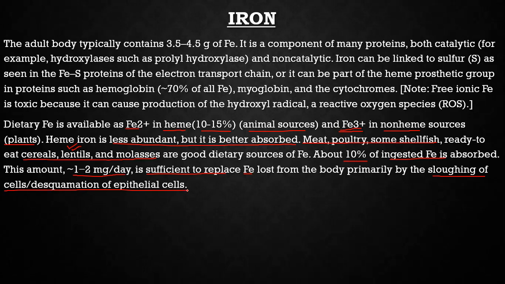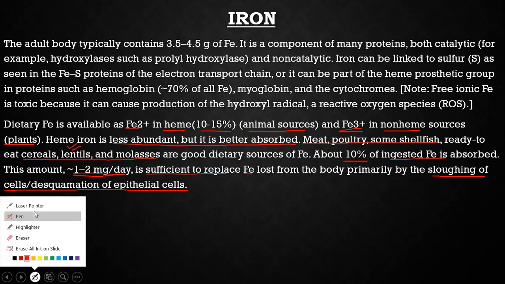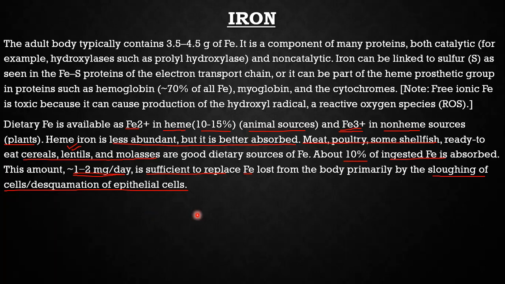As these epithelial cells are being desquamated, they usually carry iron with them, so that is how iron is lost. But this 1 to 2 milligrams from the diet is sufficient to replace the iron lost.